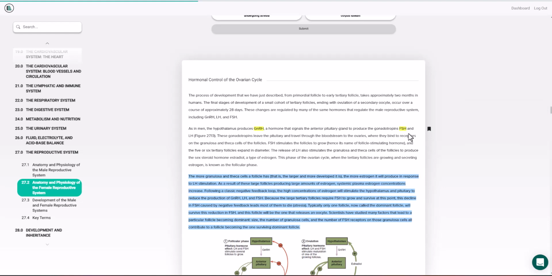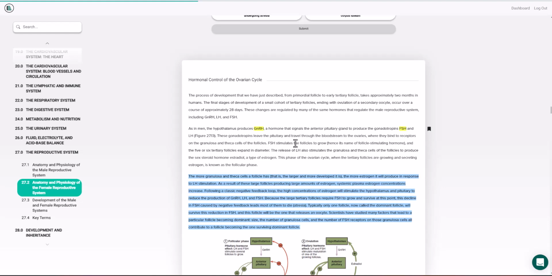And I had briefly mentioned these two hormones as having been involved also in sperm production. And so just remember that men and women both produce all of these hormones. Men produce estrogens and females produce testosterones, androgens.